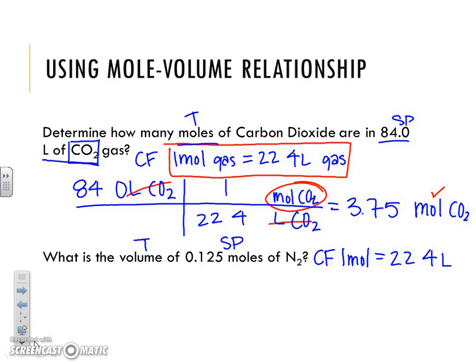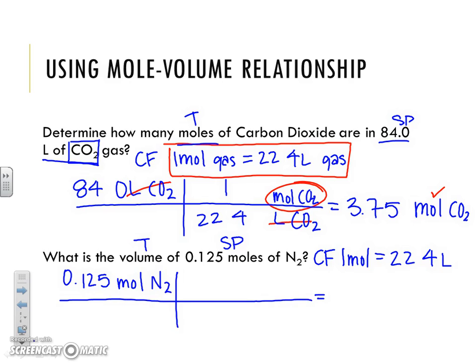All right, now we're ready to solve this problem. We can begin with the starting point, 0.125 moles of N2 gas. We know that our target is liters of nitrogen gas.